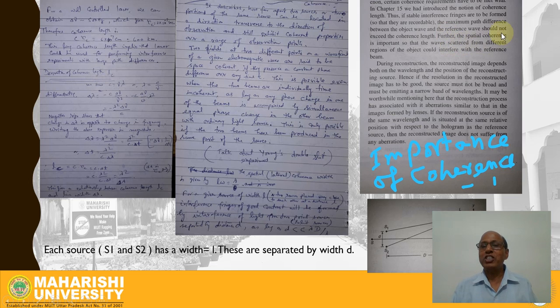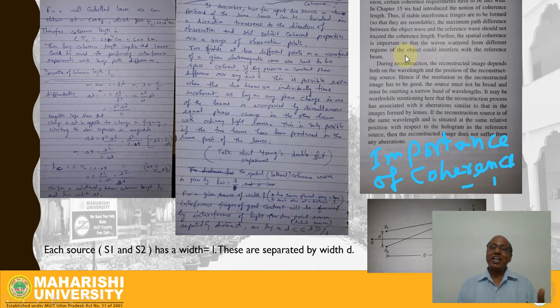Further, the spatial coherence is important for the waves scattered from different regions of the object. Yeah, this is very important. See, your object is not a small object. It's not a point source. If an object has a length, then from different points of the object there will be more scattering.